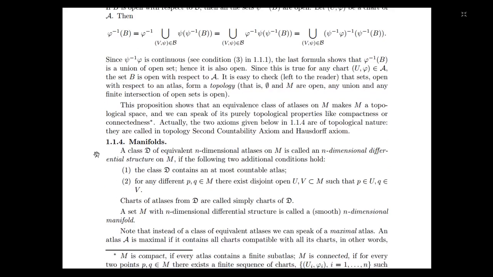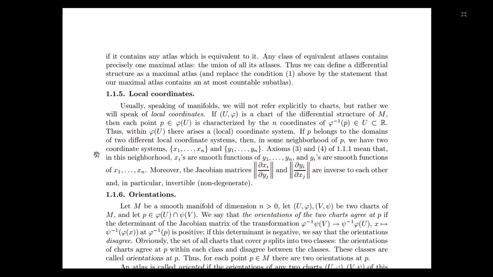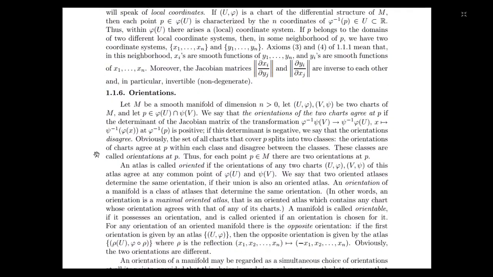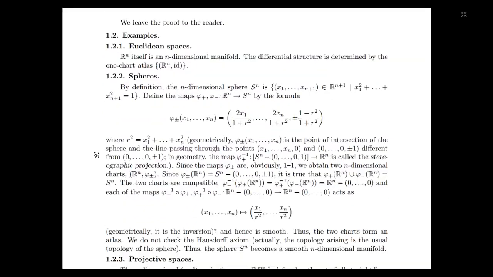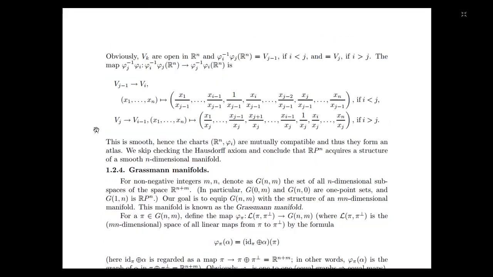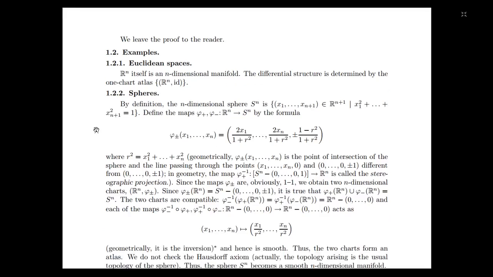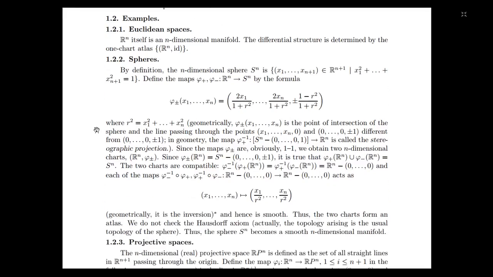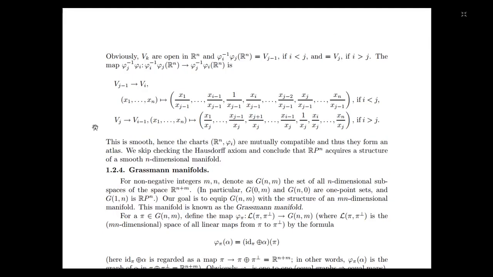Again, we see the definition of manifold, local coordinate, chart, etc. Also, you can see as examples that Rn is an n-dimensional manifold itself, and it has this chart, and also the sphere, how we can define a coordinate on the sphere so it becomes a manifold also. And other manifolds like Grassmann manifolds, which are interesting concepts also.